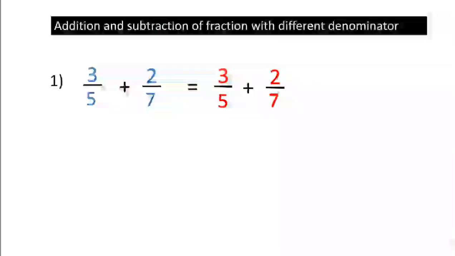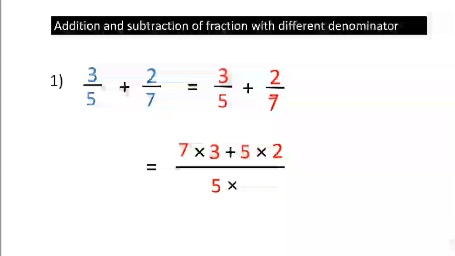Next, addition and subtraction of fractions with different denominators. When different denominators are there, we use cross multiplication. That is 7 with 3 and 5 with 2. That is 7 into 3 plus, here addition, so we write plus 5 into 2, whole divided by 5 into 7.